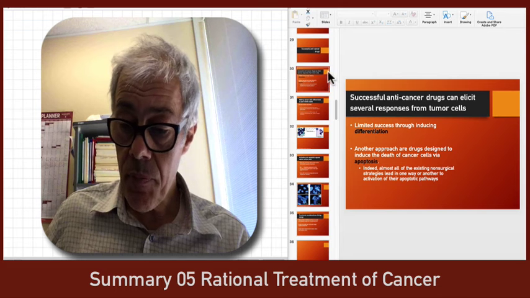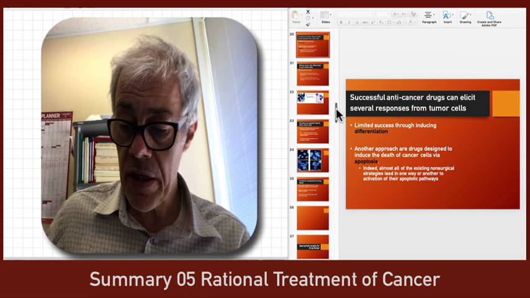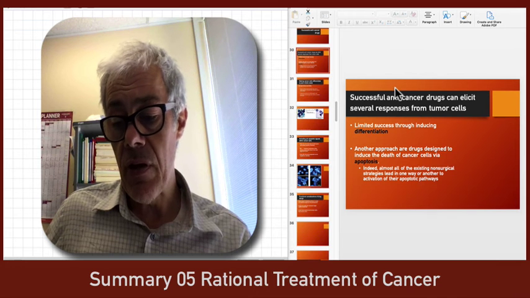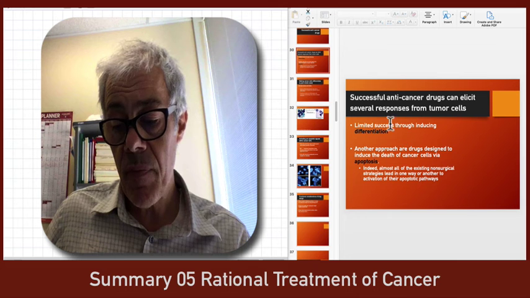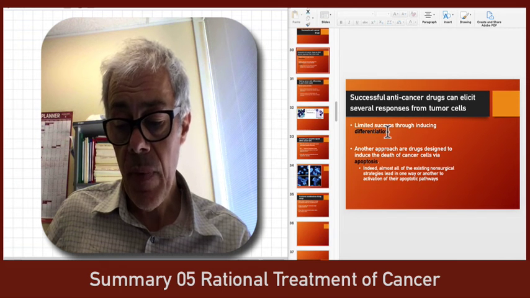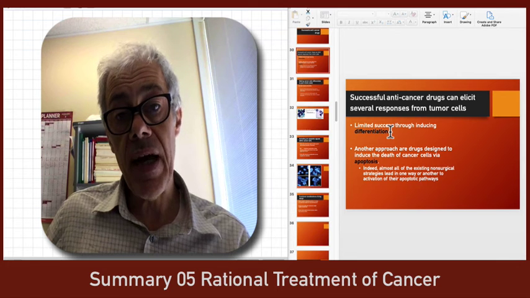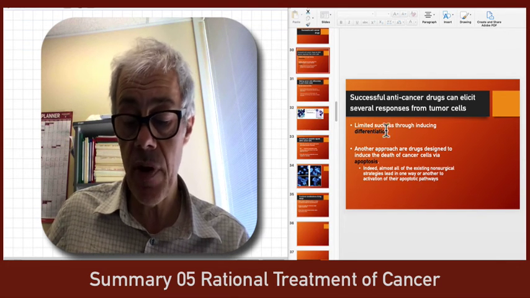Okay, so we went through some examples of drugs that have been used in the clinic. There are some successful drugs. How do they work generally? There's a bunch of drugs that have the ability to make cancer cells differentiate. I think all-trans retinoic acid was one of those.